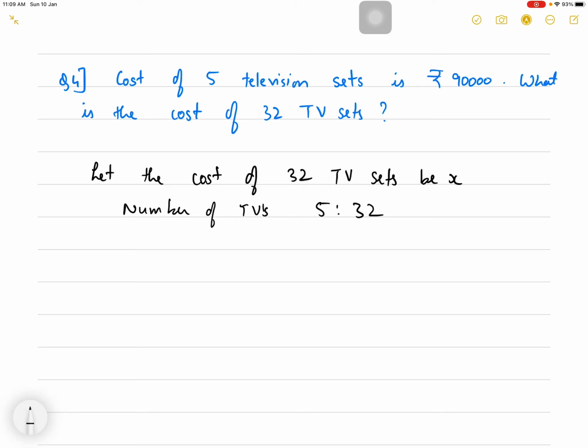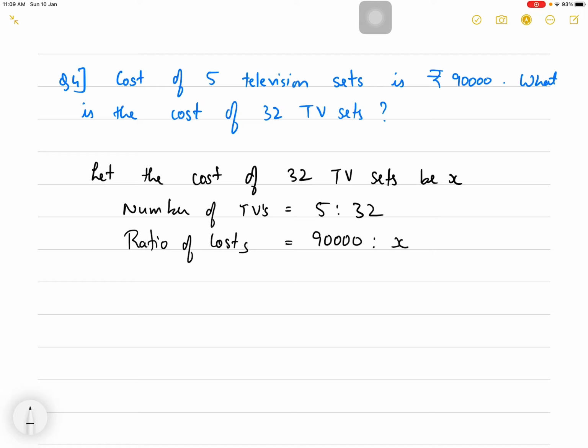It's number of TVs only. Ratio of cost is equal to 90,000 is to x.